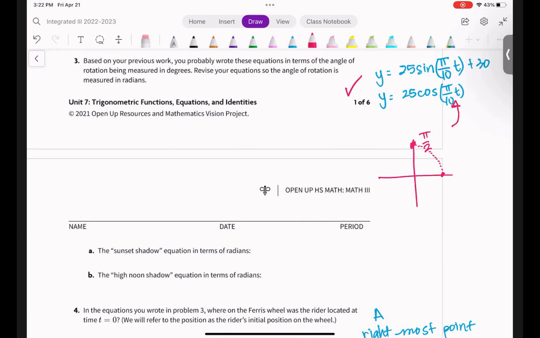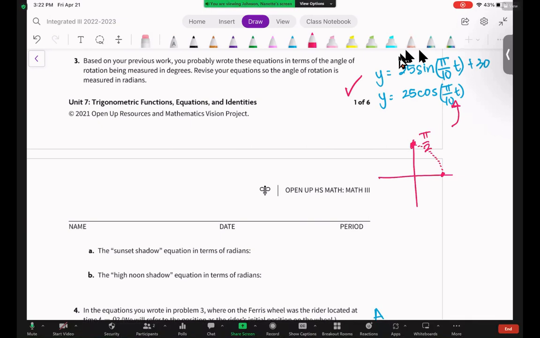If you think about how we're comparing this function to now having them start up here, this guy is pi over 2 ahead of him. So that means I'm going to add pi over 2 to these functions.